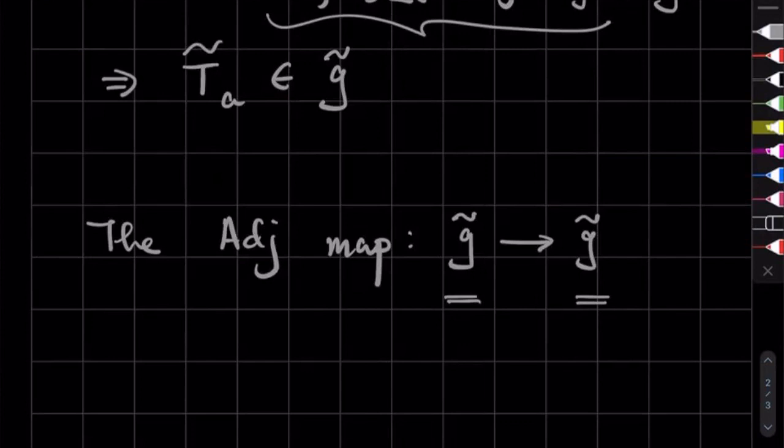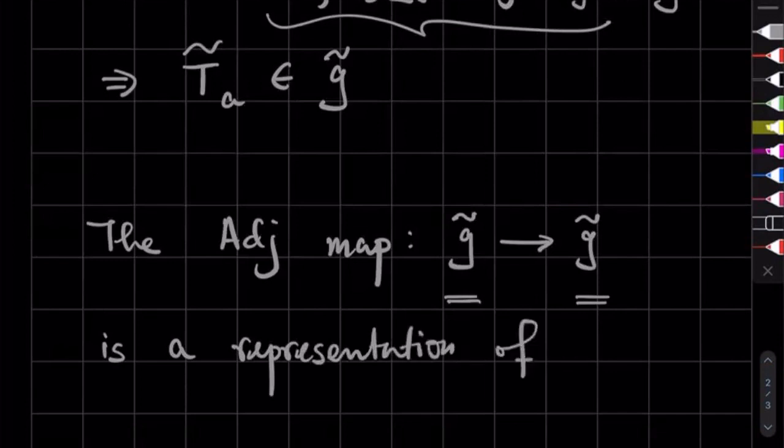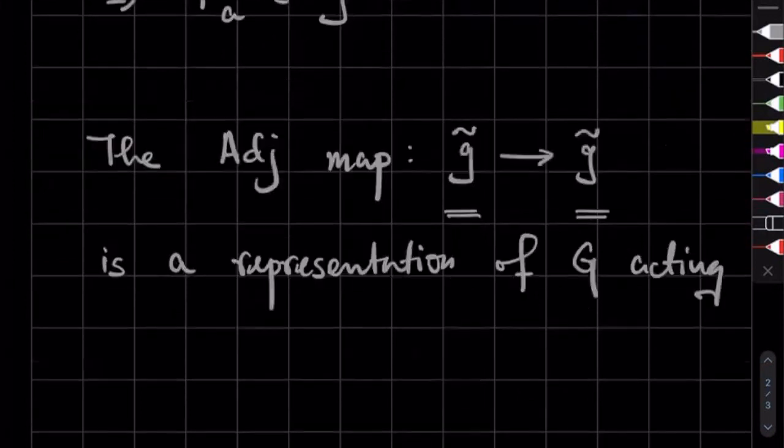The adjoint map is a representation of G. G usually acts on some vector space, but in this case, the vector space that it acts on is G tilde.